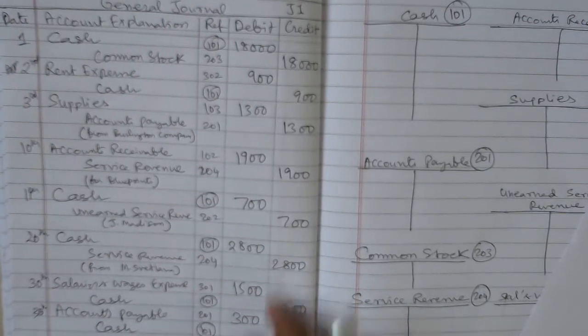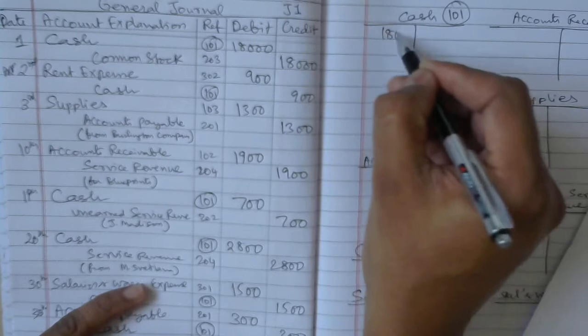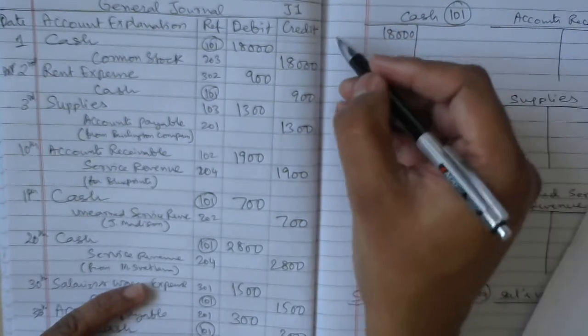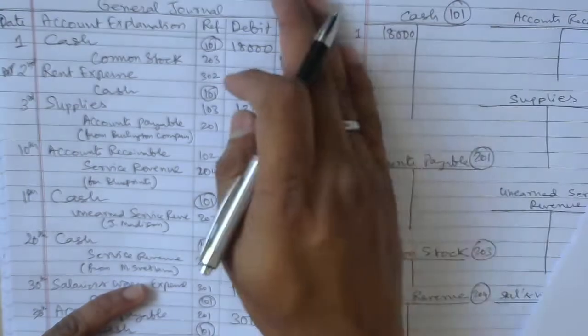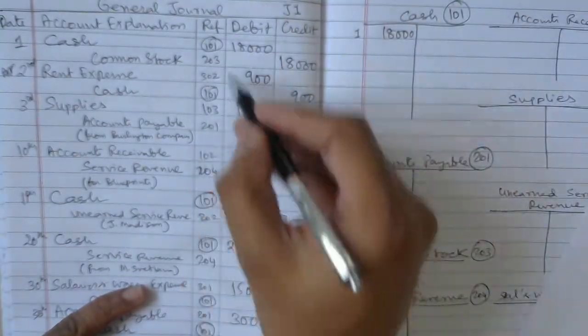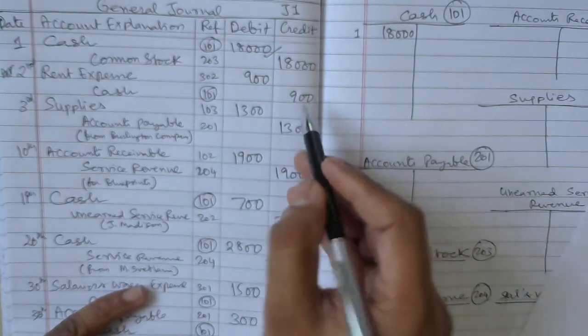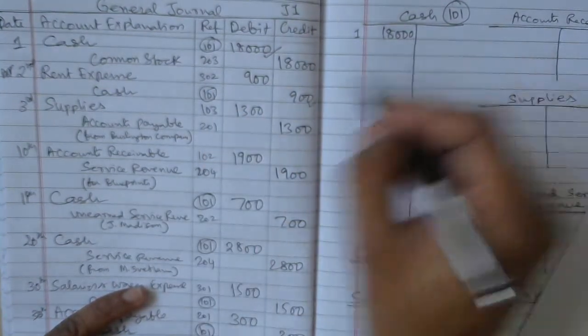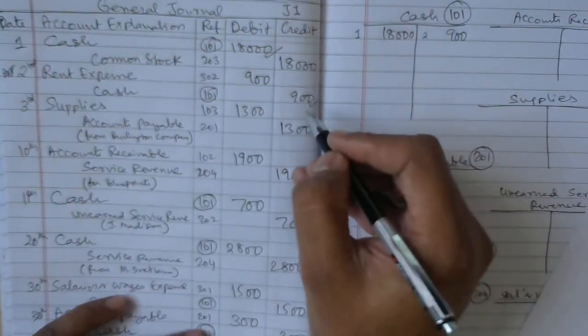Let us do that. So this one is a debit of 18,000. This is on the first. So I can write date and debit. Debits on the left side, credits on the right side. So this one is done. Next, credit of 900. Okay, so that is on the second. Okay, that is done.